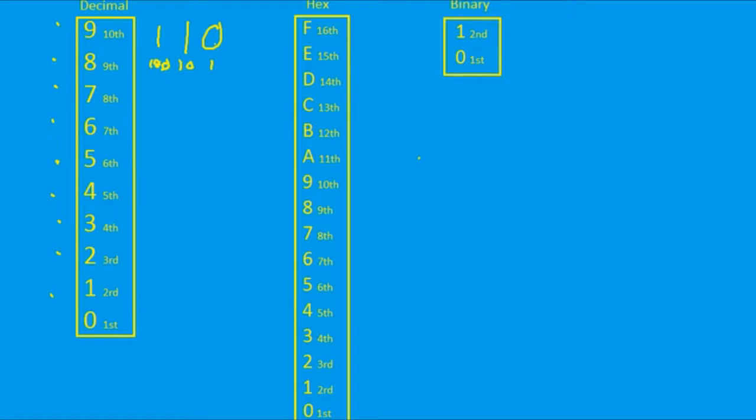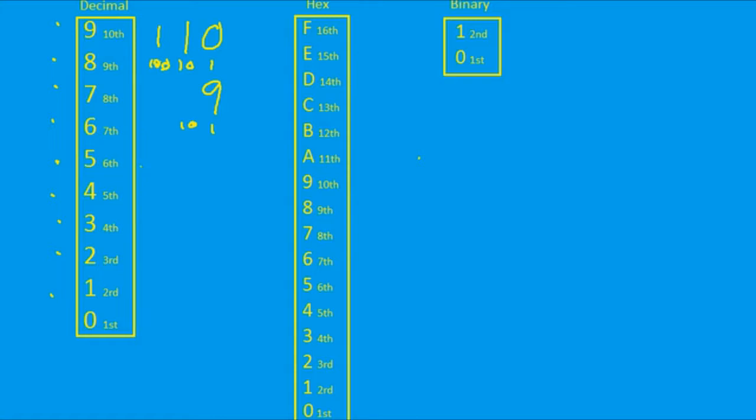The thing is that once we get to 9 in the ones place, we don't have a number to represent anything higher than that. So we just denote this as representing how many tens we have, right? We still use the 10 symbols that we have to represent how many of those we have.